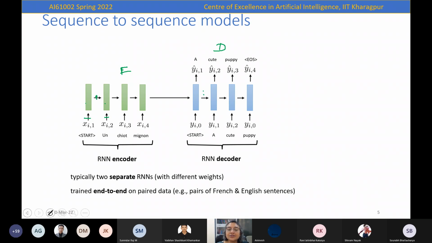So suppose these are W1, these are the parameters W2, these are W3, these are W4, and these are W5. Okay. So these are the parameters corresponding to this encoder-decoder model. And you would also feed this output to the next input. Or, while training, you can feed the previous output to this input.